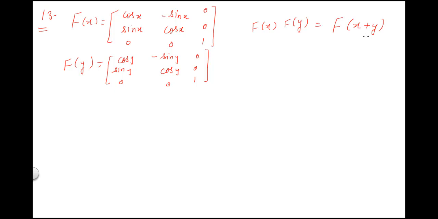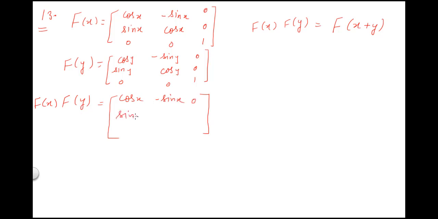Clear? How to prove this? We'll just multiply the two matrices and definitely we're going to reach the result that the matrix is f of x plus y. That means wherever we have x, in place of that we will have x plus y everywhere in each entry. So let us multiply f of x and f of y. So let us write them together. The first matrix elements are cos of x, minus sin of x, 0.